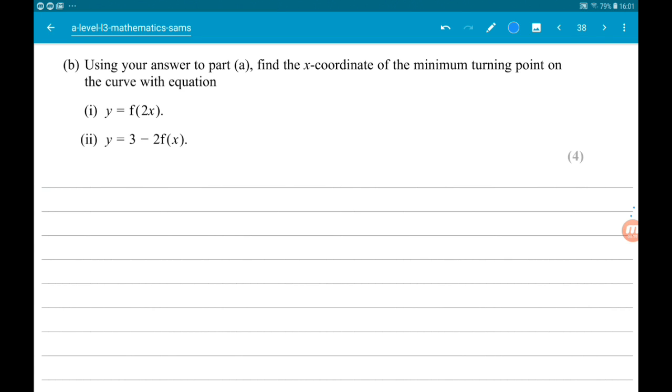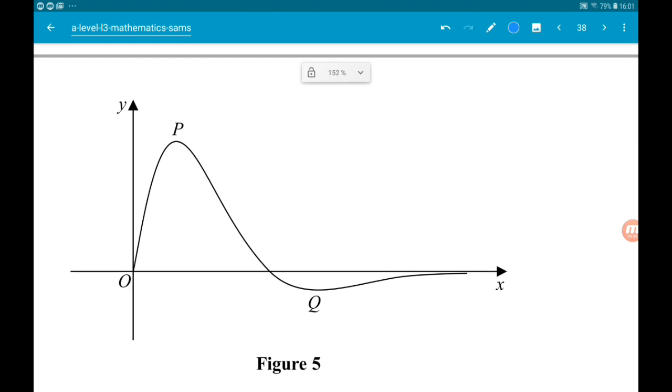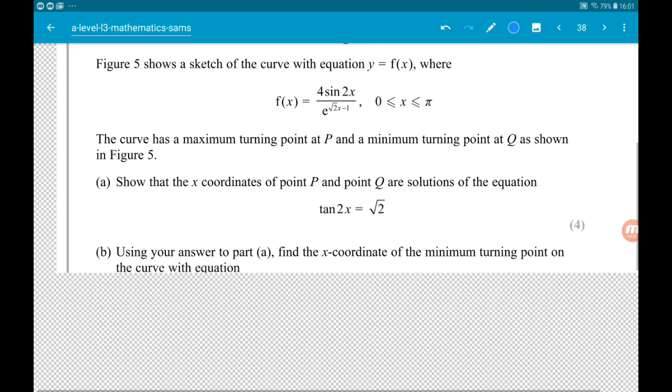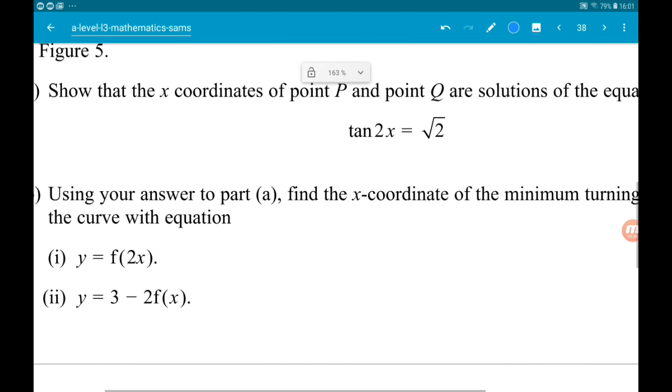Okay, so to do this, we're going to first of all find the x-coordinates of the maximum and the minimum on the normal curve. So we know these x-coordinates are solutions to tan of 2x equals root 2.